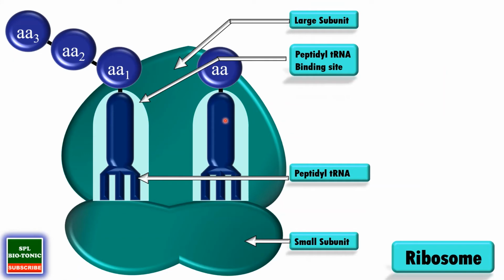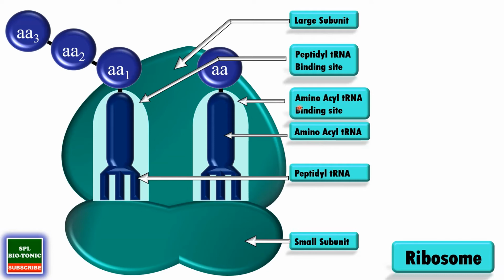Now this amino acyl tRNA is attached to this site, therefore this site is termed as amino acyl tRNA binding site. So this is a functional ribosome which is formed now. So students, I hope you are understanding the structure of ribosome. It has a large unit, it has a small unit, and it shows two sites, P site and A site. P site is meant for peptidyl tRNA, whereas A site is meant for amino acyl tRNA.